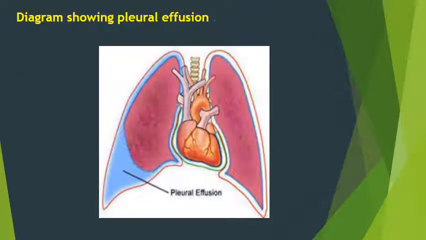This is a diagram showing the fluid in the pleural cavity. And if we remember, going back to the collapse of the lung, one type of the collapse of the lung is due to pleural effusion, if it persists for a long time without treatment.